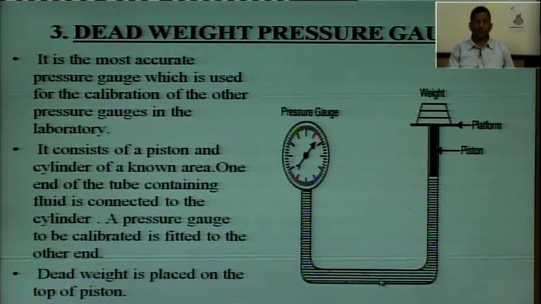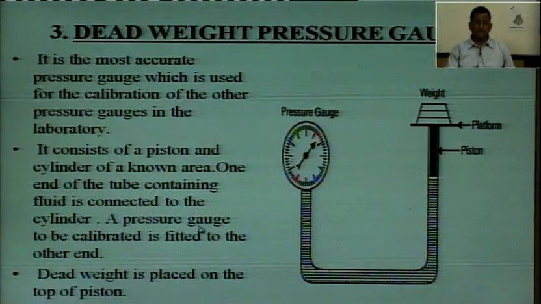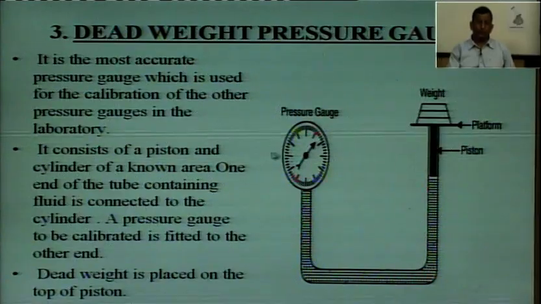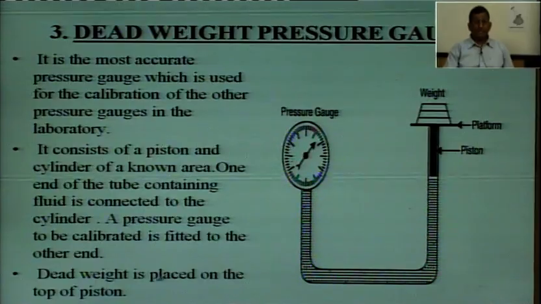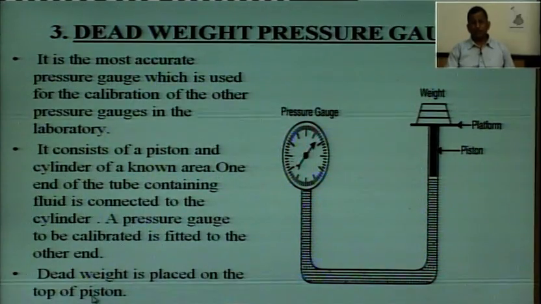This is fluid. One end of this is connected to the cylinder, and the pressure gauge to be calibrated is fitted to the other end. So this is the dial gauge which we are going to calibrate. The dead weight is placed on the top of the piston.